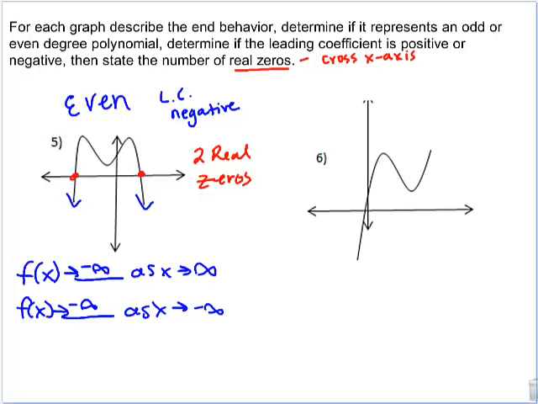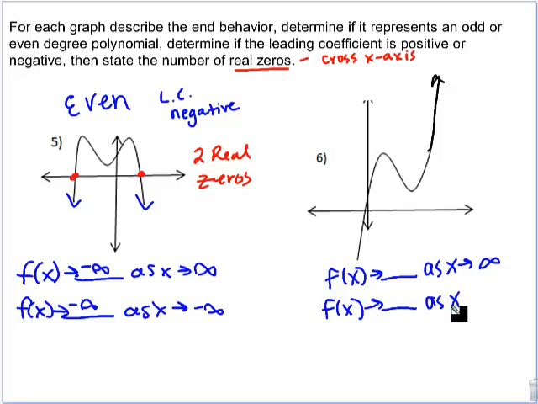So this next graph here. First, I have to talk about end behavior. So f of x approaches what as x goes to infinity? And f of x approaches what as x goes to negative infinity?